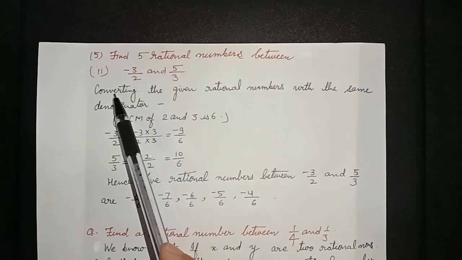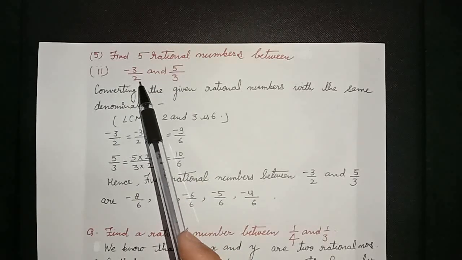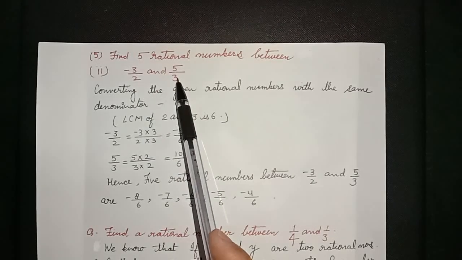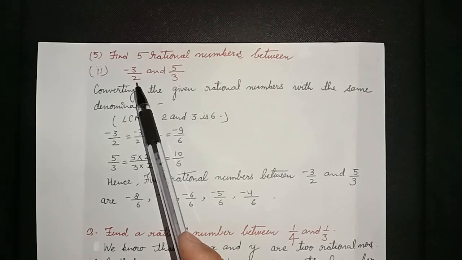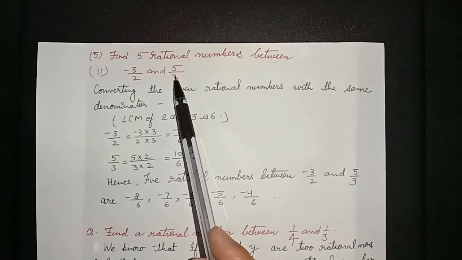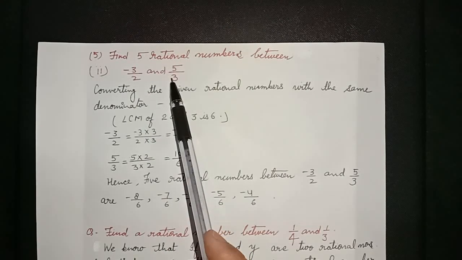In the same way, we will convert the given rational numbers with the same denominator. We will take LCM of 2, 3. We will get 6. Means we have to make denominator 6.